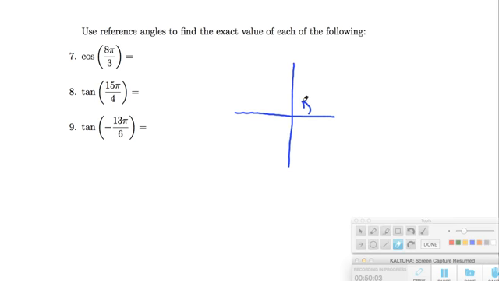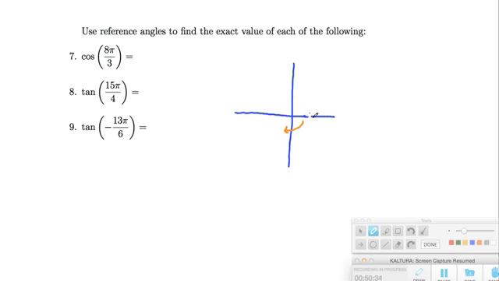But if you've got a negative angle, it's actually going to rotate the other way. So if your angle is negative, it's going to start here on the positive x-axis, but instead go the opposite way. So we are going to rotate this direction. But we need to figure out where we're stopping.